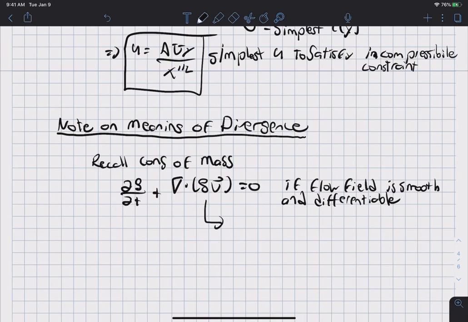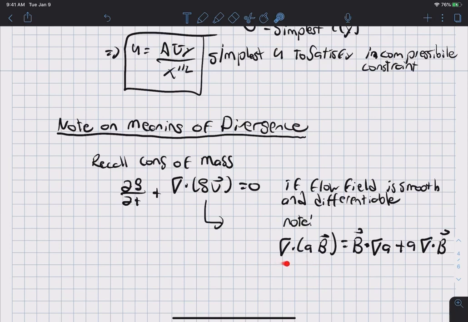Here we're just going to use the identity. Note that the divergence of a scalar a times some vector b is equal to b dot grad a plus a times the divergence of b.